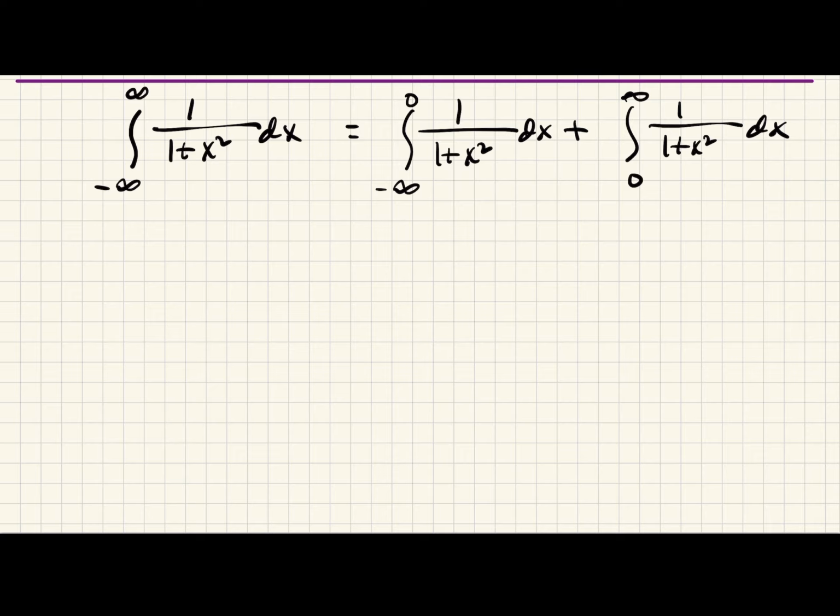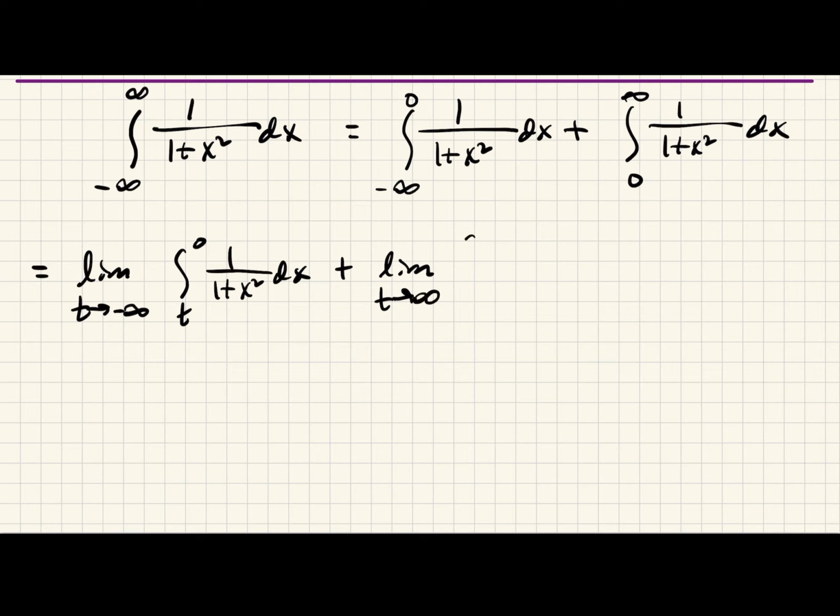And those then are improper integrals, which I would write as the limit as t goes to minus infinity, integral t to 0, 1 over 1 plus x squared dx, plus the limit as t goes to infinity, integral 0 to t, 1 over 1 plus x squared dx.